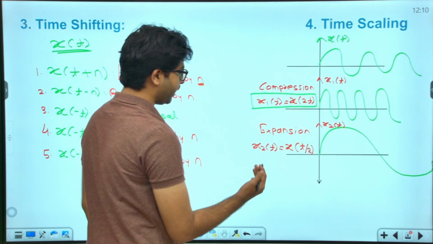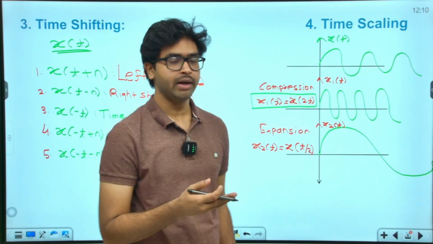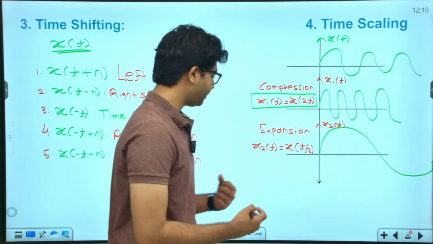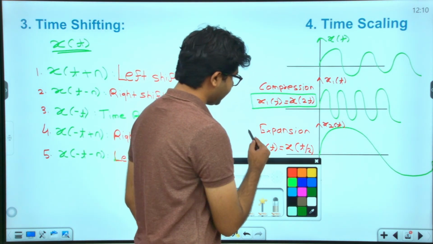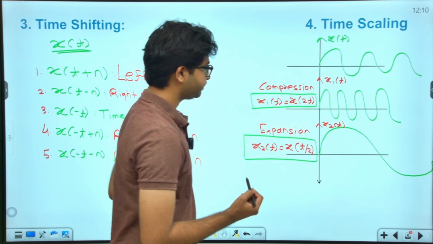Dividing the time variable of the original signal by any unit will do the expansion of the original signal. We'll highlight that this is the expansion formula or the expansion term.